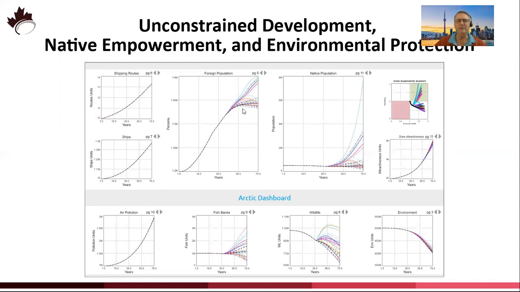However, the non-Indigenous population and the native population are impacted by these policies, as are the fish banks, the wildlife, and the environment. Although notice that the environment is not affected that much. Basically, it's still in decline for all of the policies we considered.